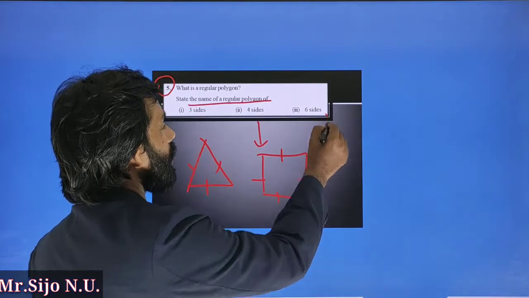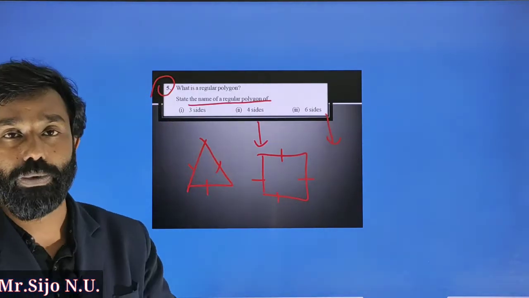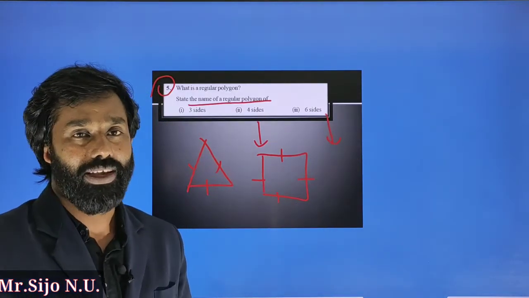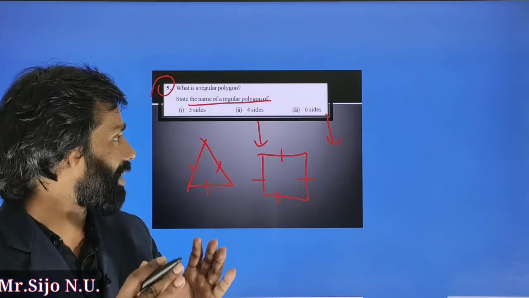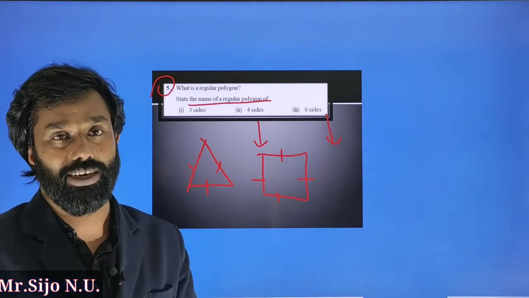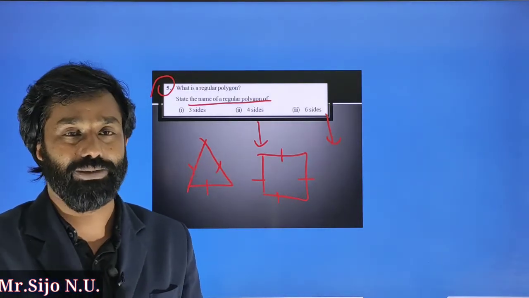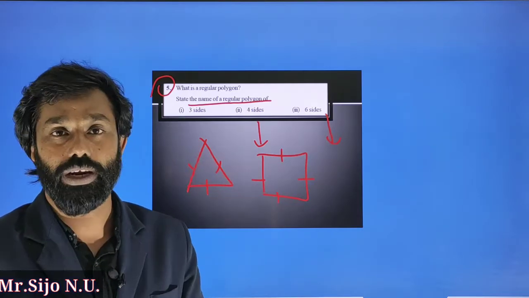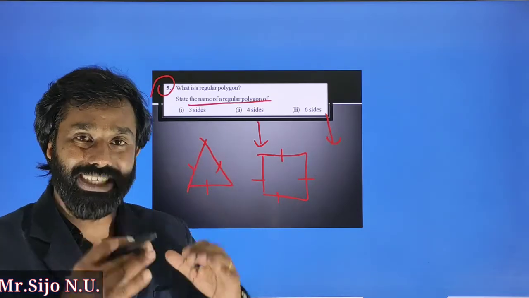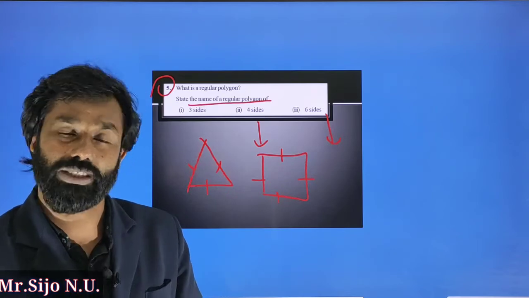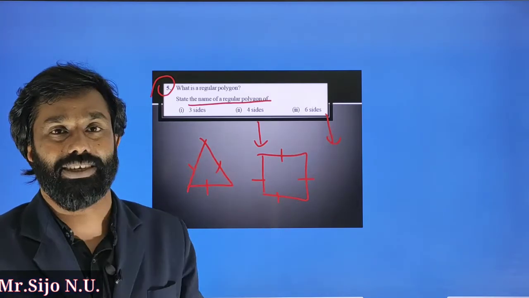What about the 6 sided regular polygon? Is there any specific name? We have not learned one, so we can say it's a regular hexagon. Hexagon simply means a 6 sided polygon. If all sides are equal and all angles are equal, we can say regular hexagon.